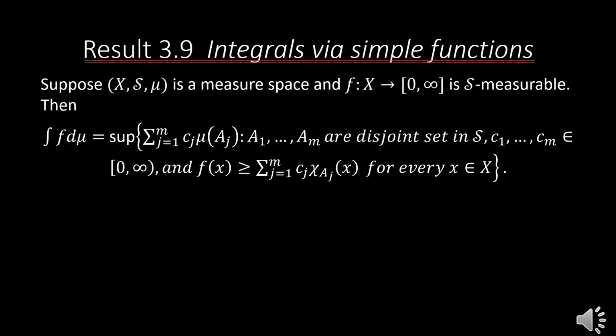Then the integral is the supremum of all possible disjoint sets in S, A1 through Am, such that we've taken the integral of the simple function on each one of these A1 through Am. This definition alone was the entire reason I wanted to make this presentation, and I can't wait to show you how easy it really is.